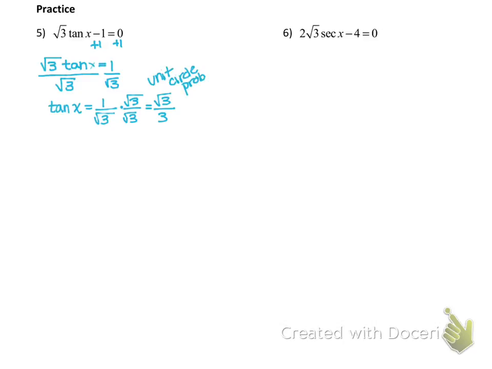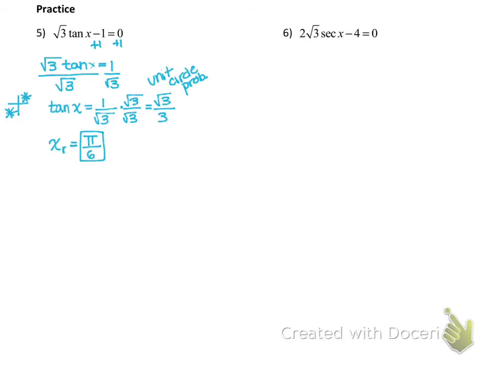So this is a unit circle problem, because tangent is root 3 over 3. So since it's positive, we're in quadrants 1 and 3. And then looking at your unit circle, you can find the reference angle. And you might have to do a little sine divided by cosine to figure this out. But at pi over 6 is when tangent is root 3 over 3.